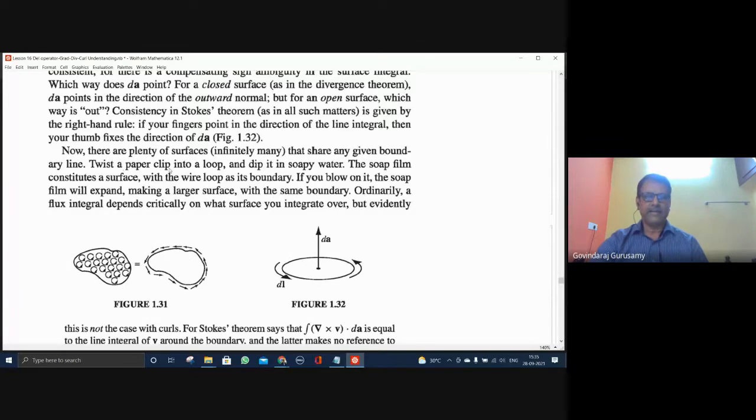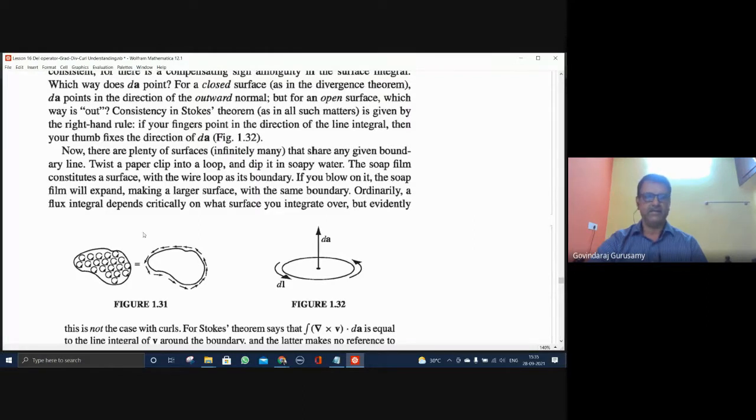Twist a paper clip into a loop and dip it into soap water. The soap film constitutes a surface with the wire loop as its boundary. If you blow on it, the soap film will expand, making a larger surface with the same boundary.